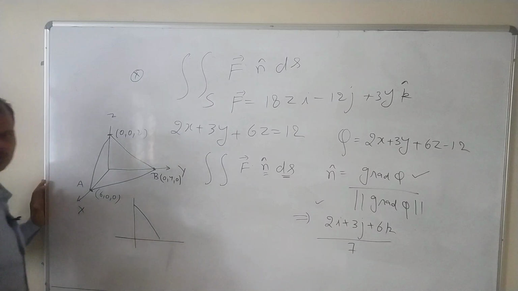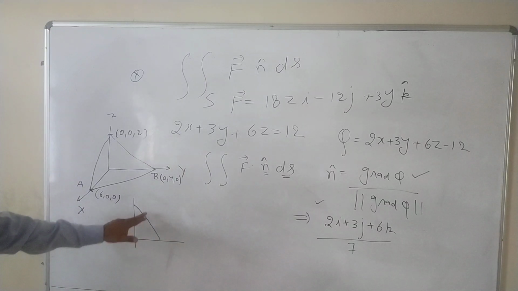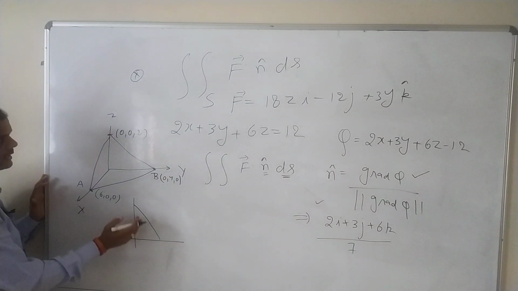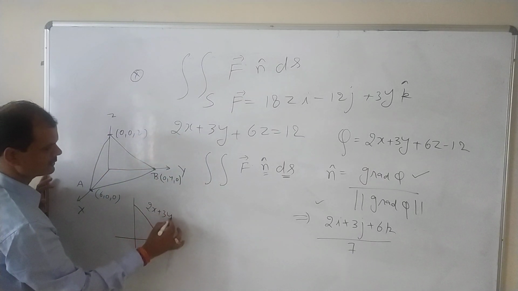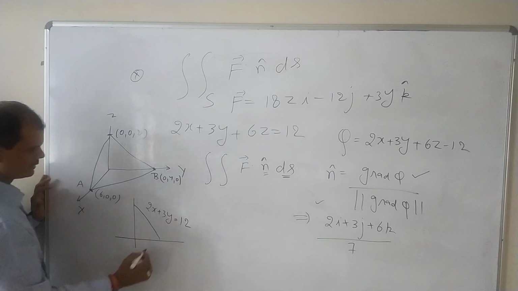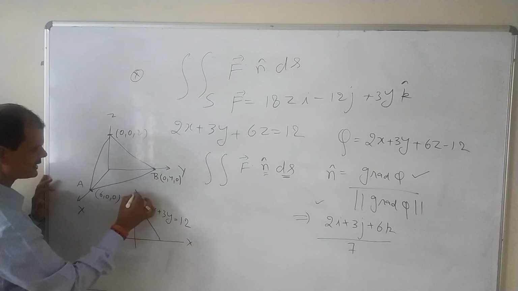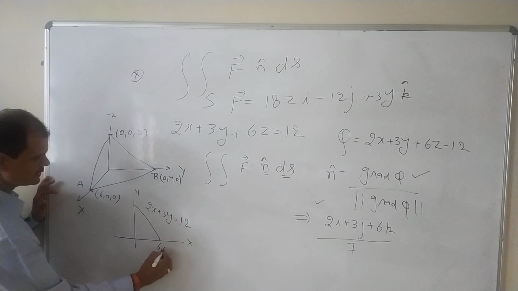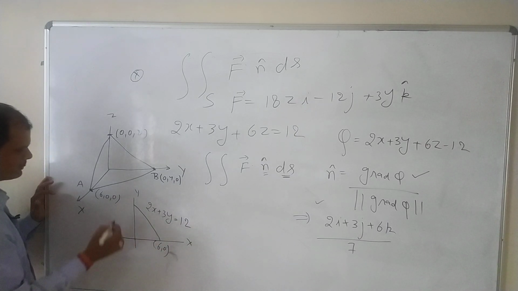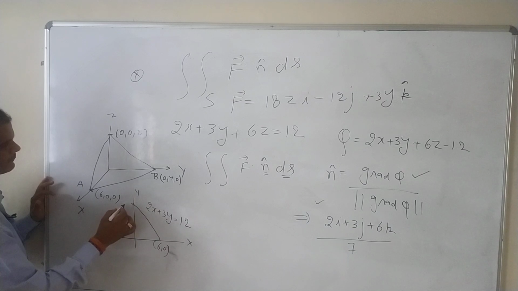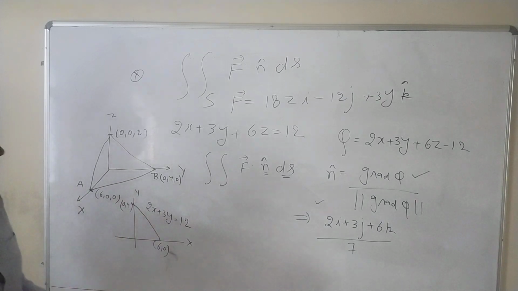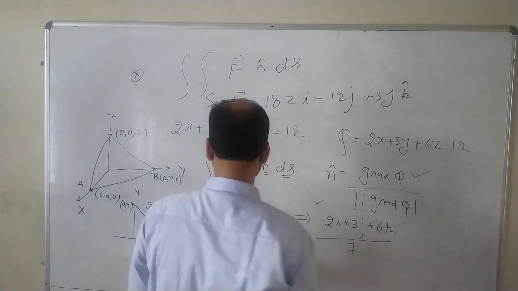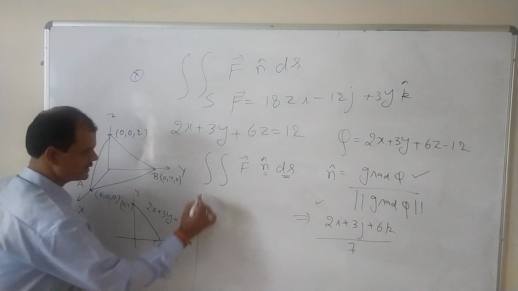Z will be 0, so it is a triangle. The equation will be 2x plus 3y equal to 12. This is the x axis, suppose this is the y axis. So x is (6, 0), we are in the 2D plane, and this will be your (0, 4). Fine.